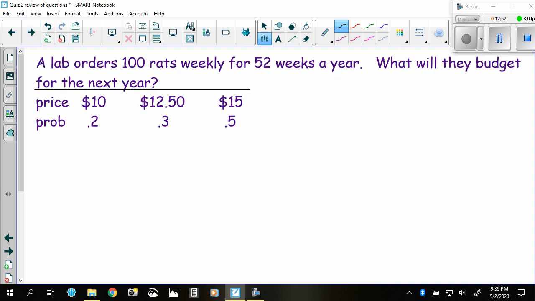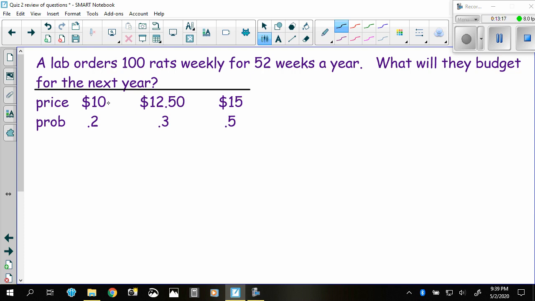Okay. Now, this question, love this question, happens every year. 100 rats weekly for 52 weeks a year. What will they budget for the next year? So these were the costs that were given to you for the rats. You have a 20% probability of paying $10 for the weekly amount, 30% chance of paying $12.50 for the rats, and a 50% chance of paying $15.